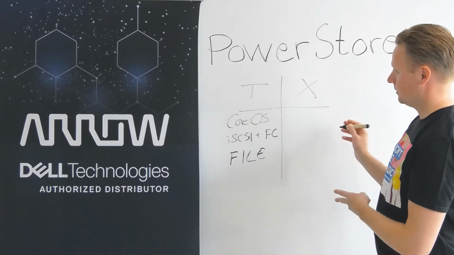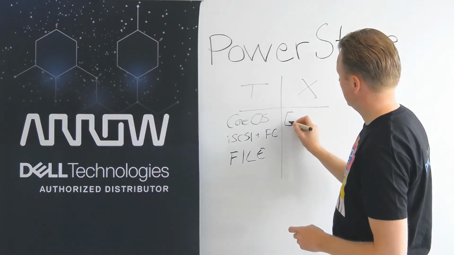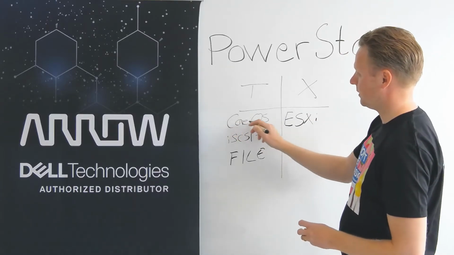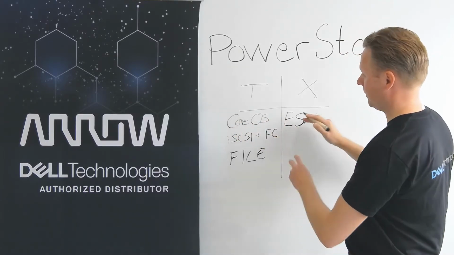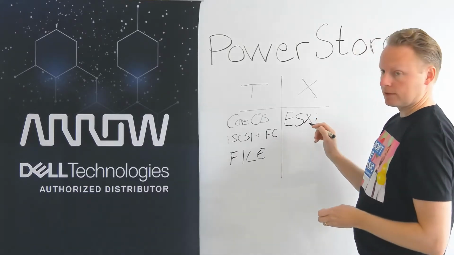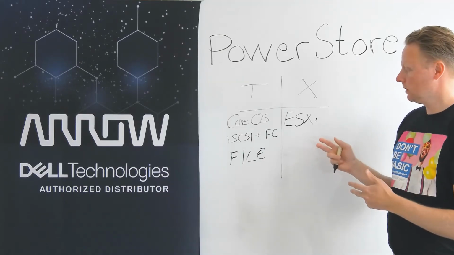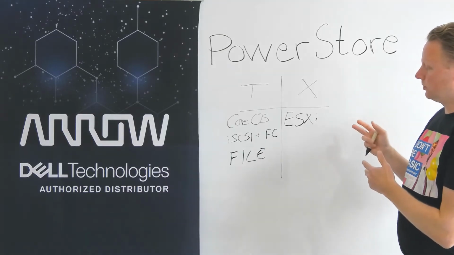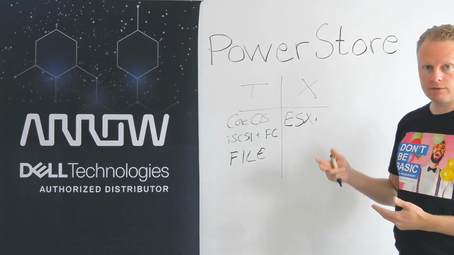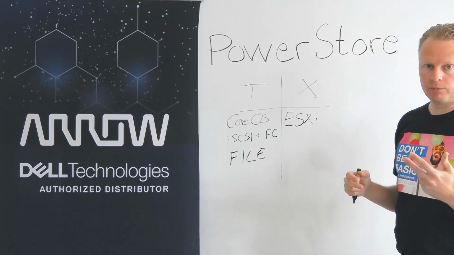The X model, on the other hand, they have inserted an ESXi between the operating system for the containers and the bare metal hardware. This enables virtualization in the platform, so you're able to not only provide storage for your data center from this appliance, but you are also able to offer compute.